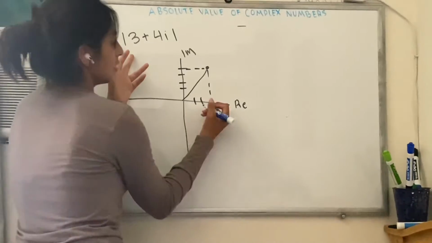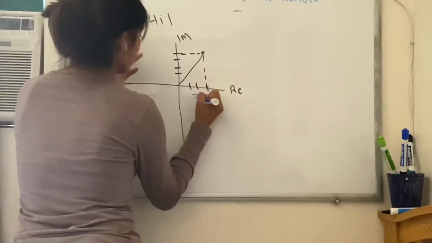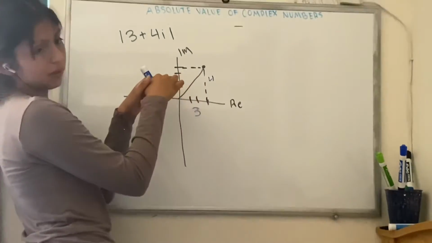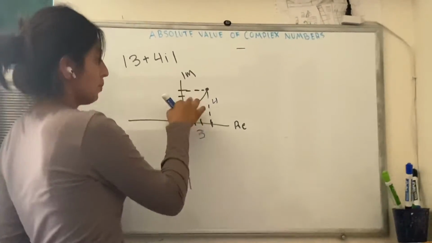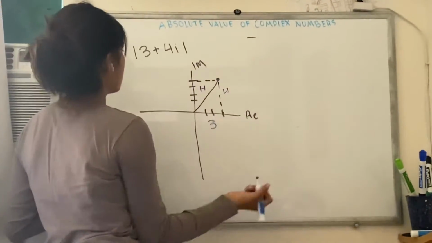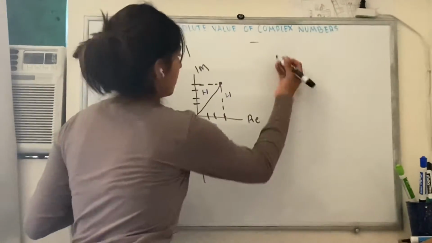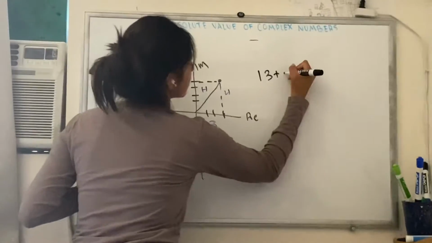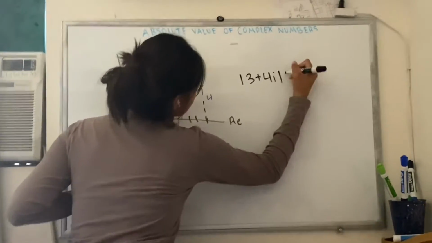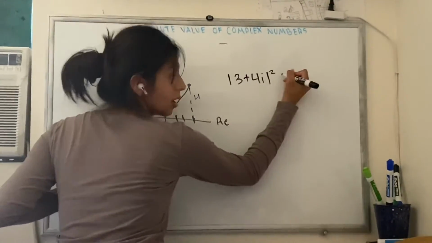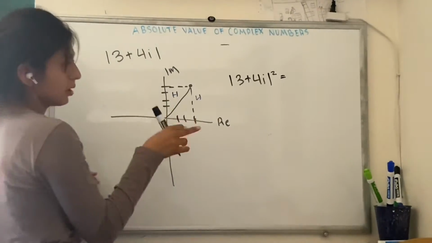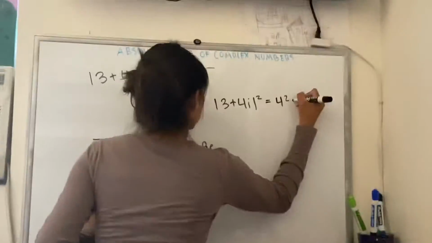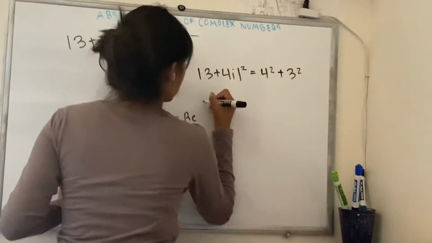So this right here is 3. This right here is 4. Once again, we will have to find the hypotenuse, and we do that by the Pythagorean theorem. So the absolute value of 3 plus 4i squared is equal to 4 squared plus 3 squared.